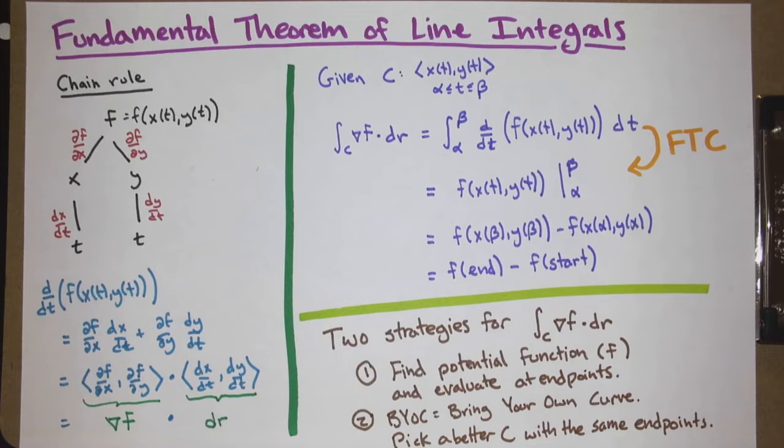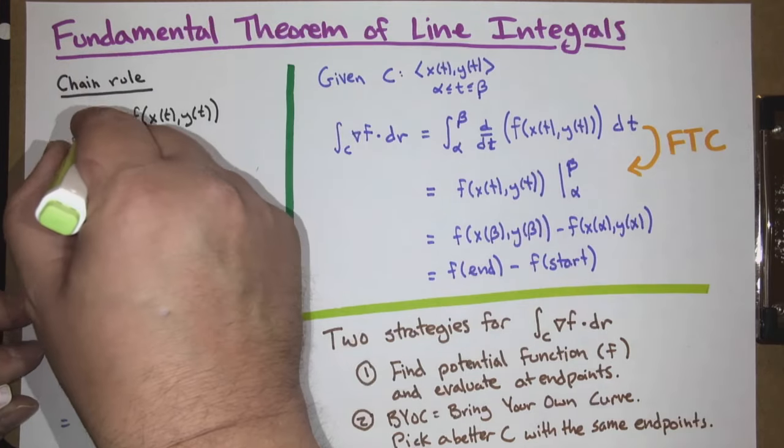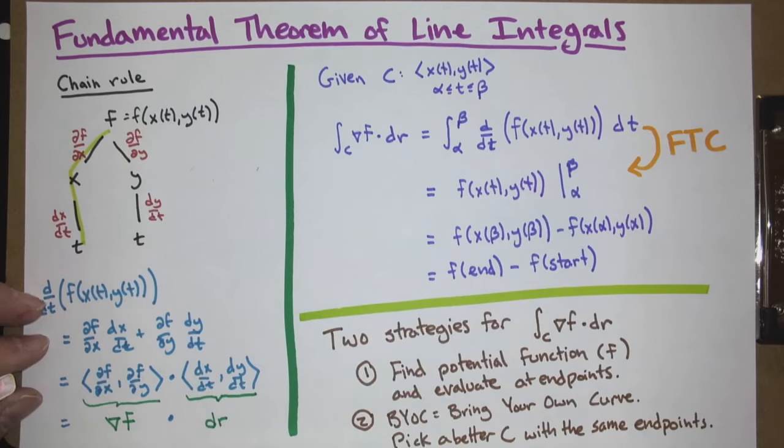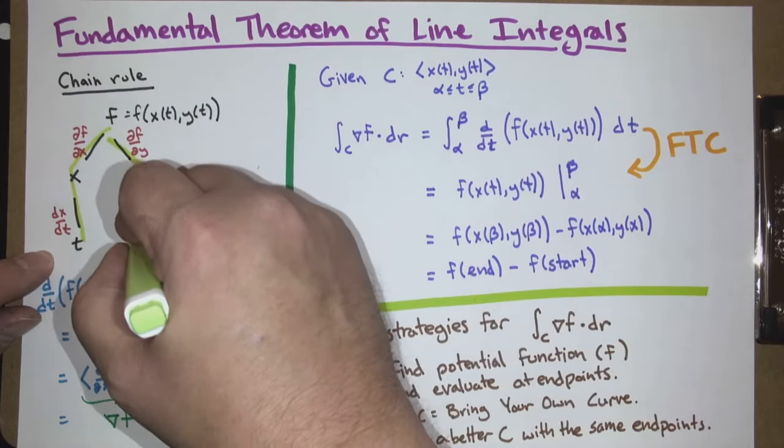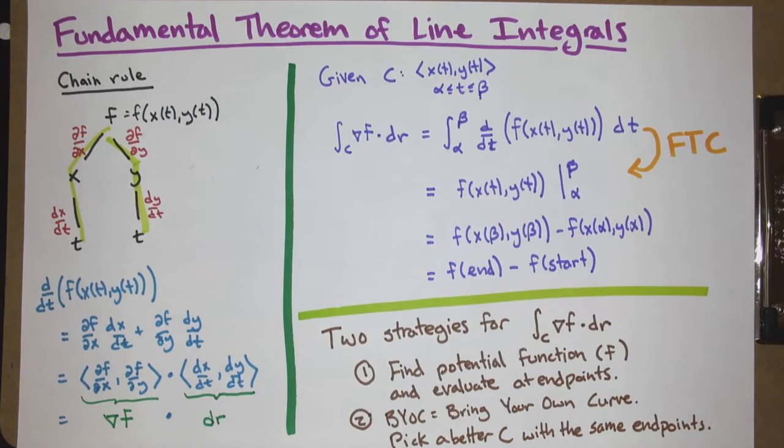You build up your tree, which shows dependencies. And you say, if I want to know how f changes with respect to t, there are 2 ways. You go down through x, and that gives you partial f, partial x, dx, dt. And you go down through y, and that gives you partial f, partial y, dy, dt. You add them up, and that's how f changes with respect to t.